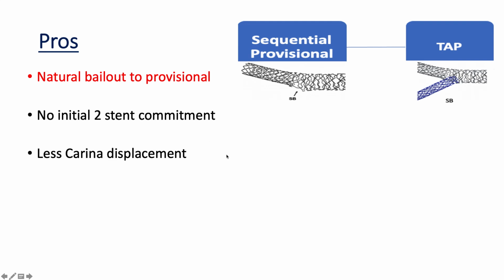There's less carina displacement, in my opinion, when compared to the DK crush or Culotte. And one of the biggest advantages is it's very practical. Less steps. You don't have to drop 20 balloons on the table to complete a DK crush or a Culotte with multiple stent recrossings and all that. All of that is not present in the TAP technique.